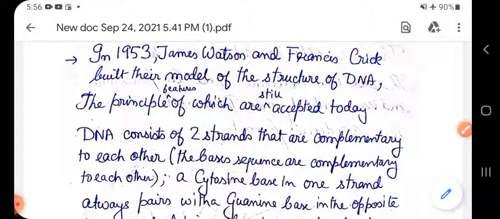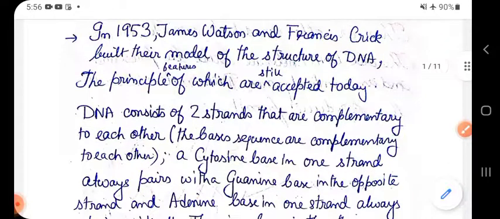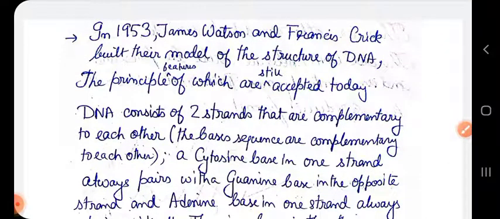We all know the Watson-Crick model, the famous model that DNA is a double helical structure that looks like a step ladder, where the main support of the ladder is your sugar phosphate backbone, and the rungs of the ladder are your nitrogenous bases. So DNA consists of two strands which are complementary with each other.